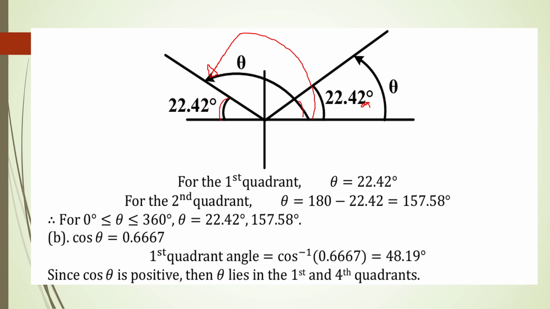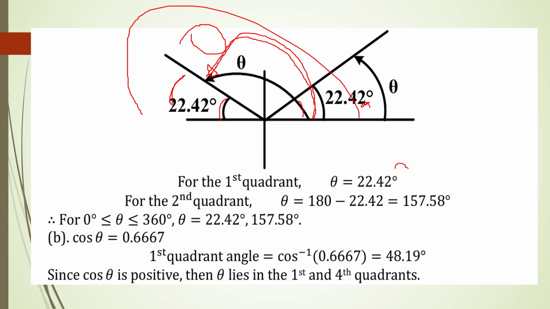So to get the second angle theta, we simply get 180 degrees minus this angle. For the first quadrant, we got theta to be 22.42 degrees. And for the second quadrant, to get the angle from the positive x-axis to this region, we get 180 degrees minus 22.42, and you end up with 157.58 degrees.